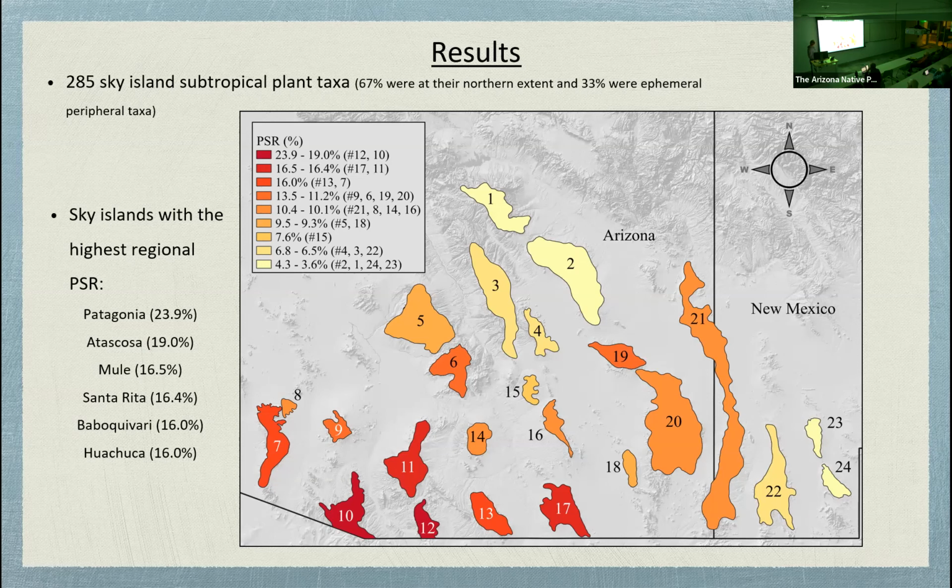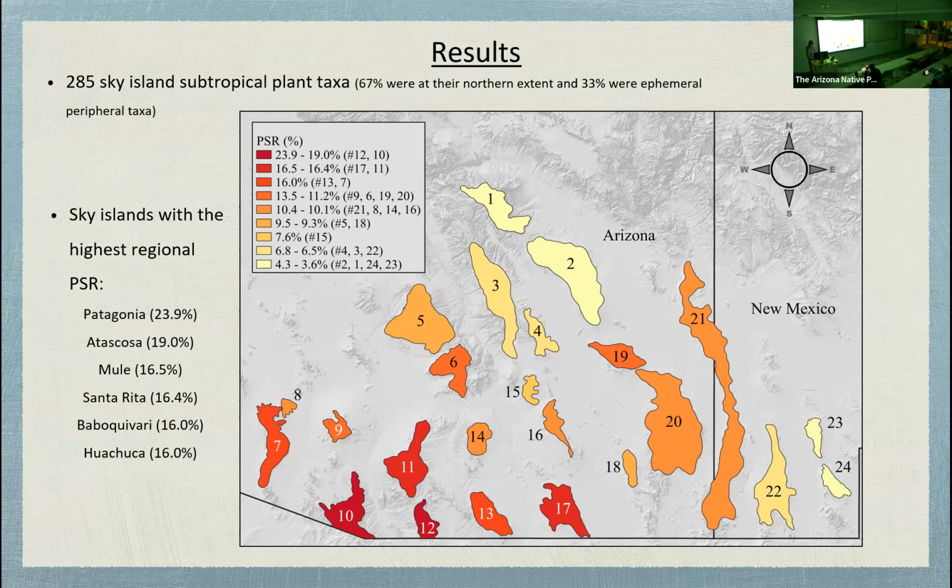And then you can see basically what we have here is as it goes to the east, things start to drop off. And as we go to the northeast, things really drop off. And when you look at the Catalinas, which are number 5, Santa Catalina has 9.5%. So what was interesting is that, like I was saying at the beginning of the talk, Santa Catalina has about 125 or 124 subtropical plants in its flora, but it has a massive flora.